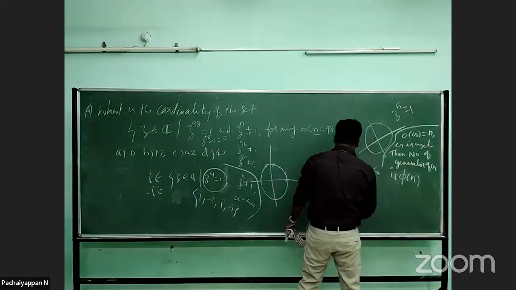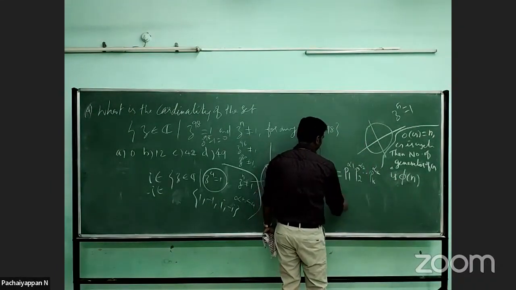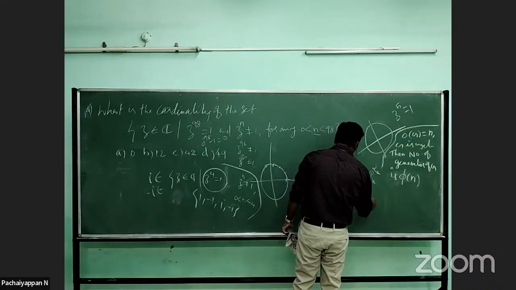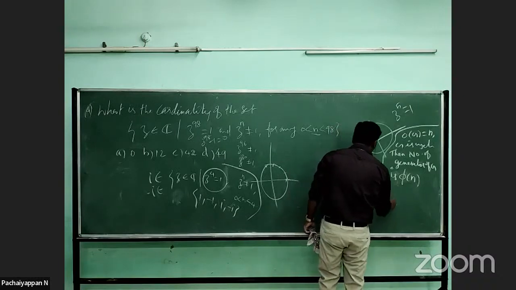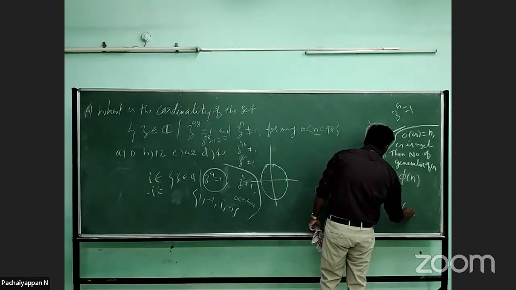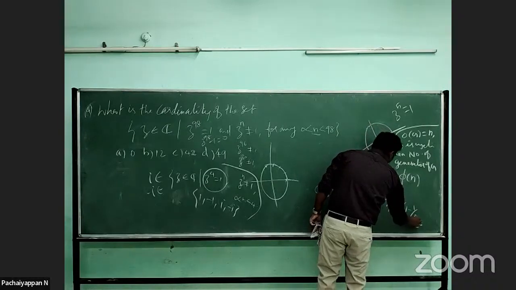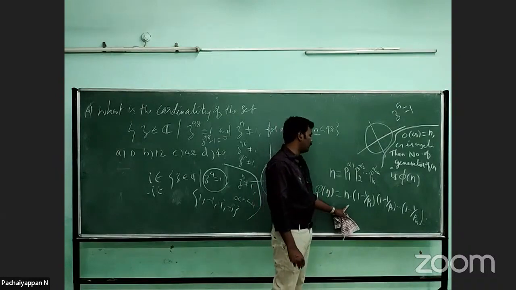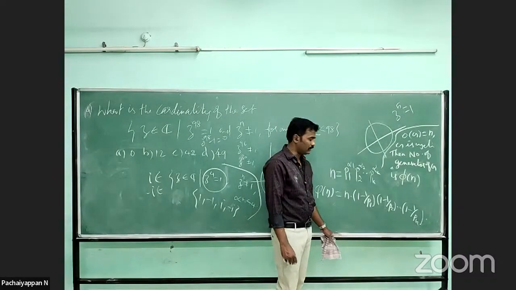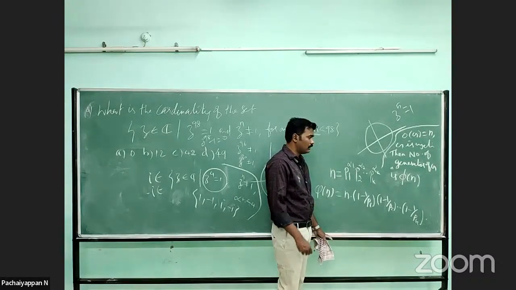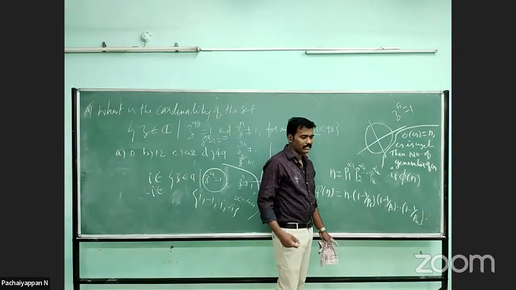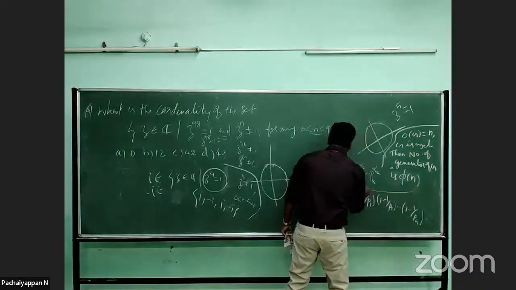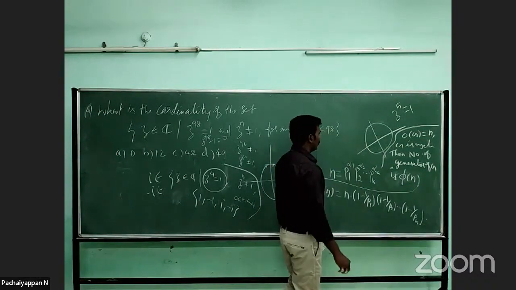Now phi of n is n times (1 minus 1/p1), (1 minus 1/p2), and so on, (1 minus 1/pk). This is the Euler phi function, which counts the number of elements less than n and relatively prime to n. This is the phi of n formula.